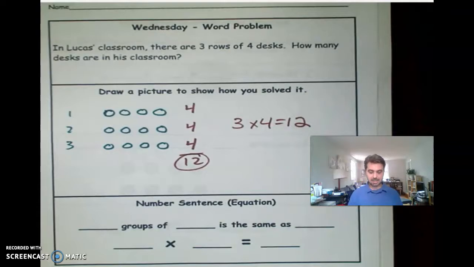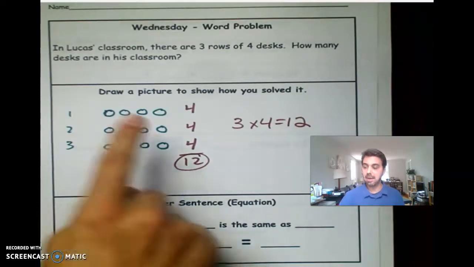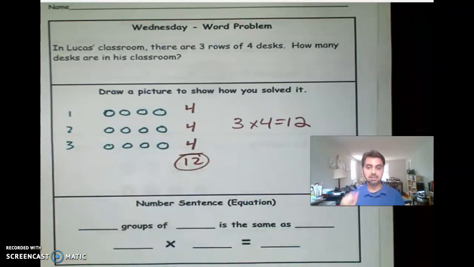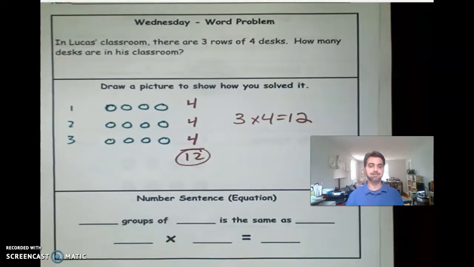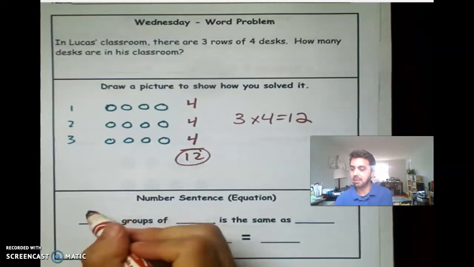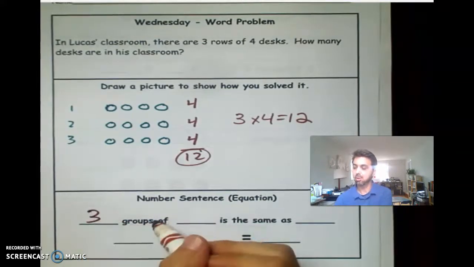Now, if you have not yet drawn out this picture, please do that now. Pause the video. And when you're done with that, please come back and we'll finish what's going on down here. Okay, so take a minute. And welcome back. So we're going to record what we just did. We did 3 groups.